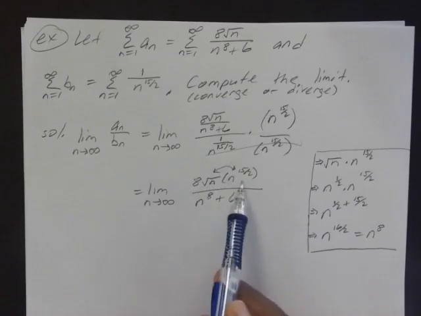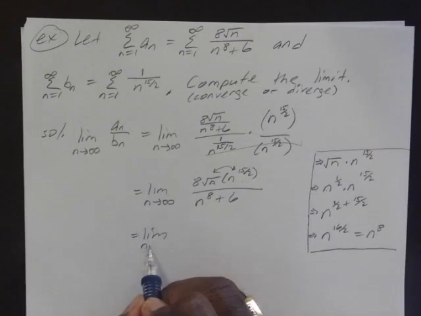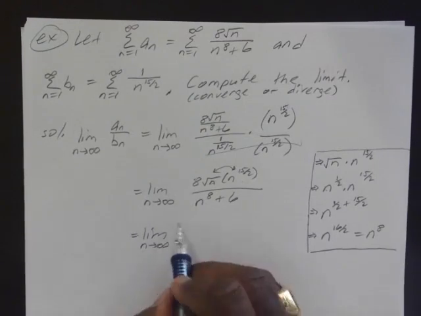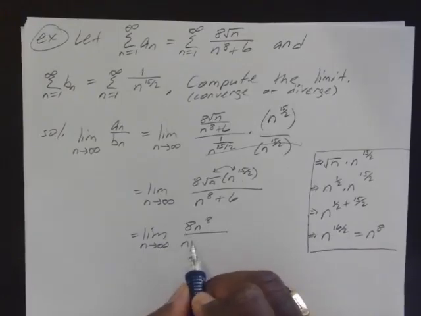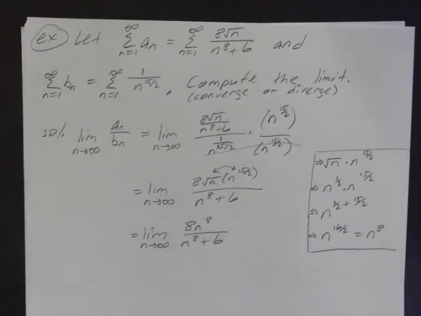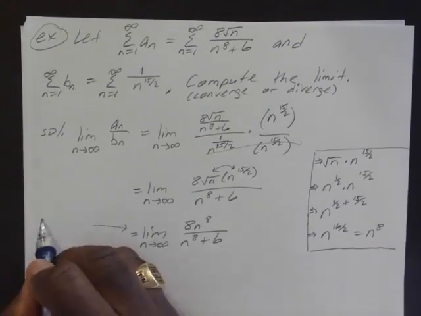So if we combine those two, we just end up with the limit as n approaches infinity of 8 times n to the 8th power divided by n to the 8th power plus 6. Once it's in this pretty simplified form, all we have to do is divide each term by n to the 8th power.